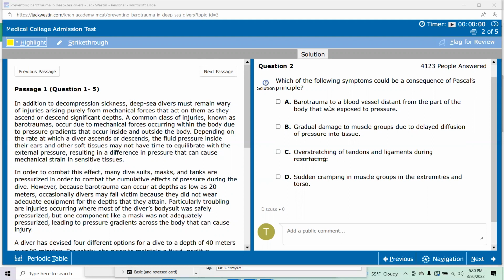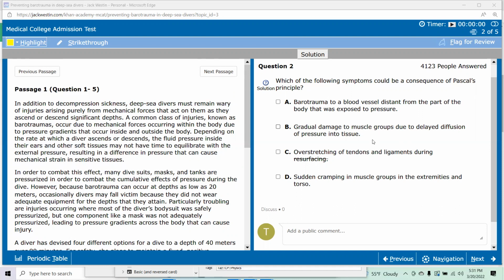Maybe this is not the correct way to come to this conclusion, but just based on the answer choices and the passage talking about barotraumas, and the little bit that I know about Pascal, I know it has something to do with pressure and something to do with fluid, and I'm trying to pull any of that out from the rest of the choices, and I'm like, okay, blood. I don't know. So that brought me to A as best guess. Yeah, that's great. That's a very good way of thinking of it.